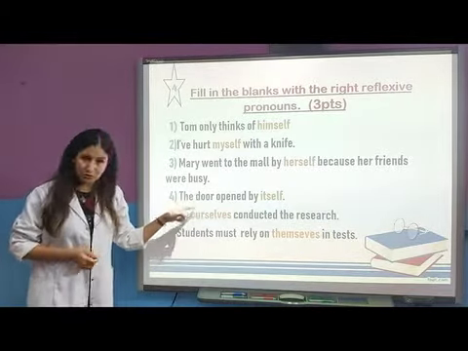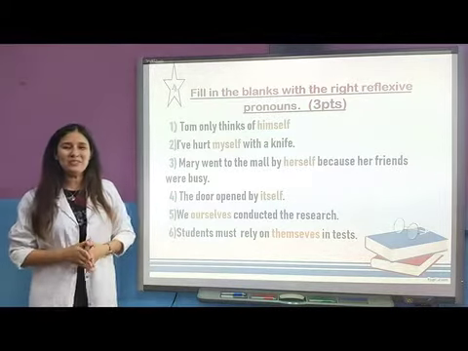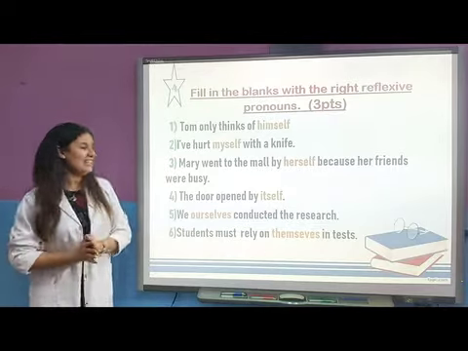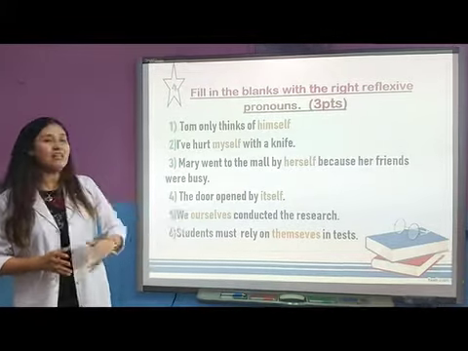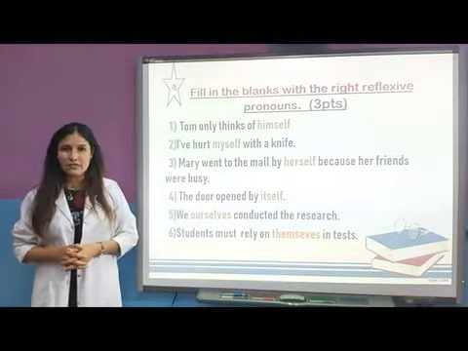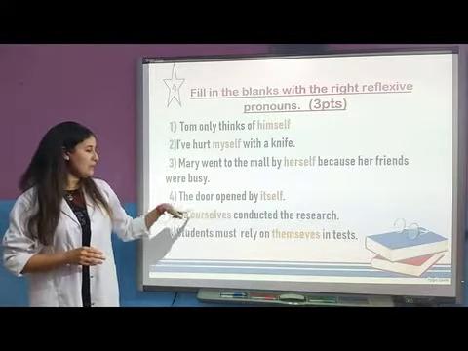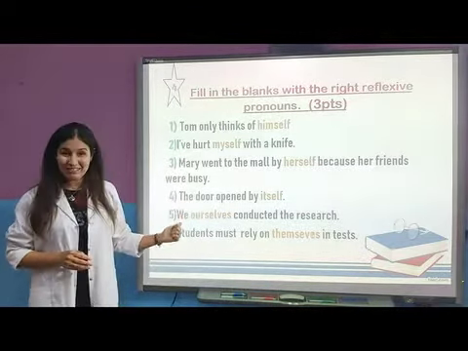Here we are talking about the door, which is the subject, and at the same time it's an object. That's why we use itself. Okay? Good. Now, let's move on to the 5th one. We ourselves conducted the project or the research. Here the subject is we, and ourselves is the reflexive pronoun which refers to we.